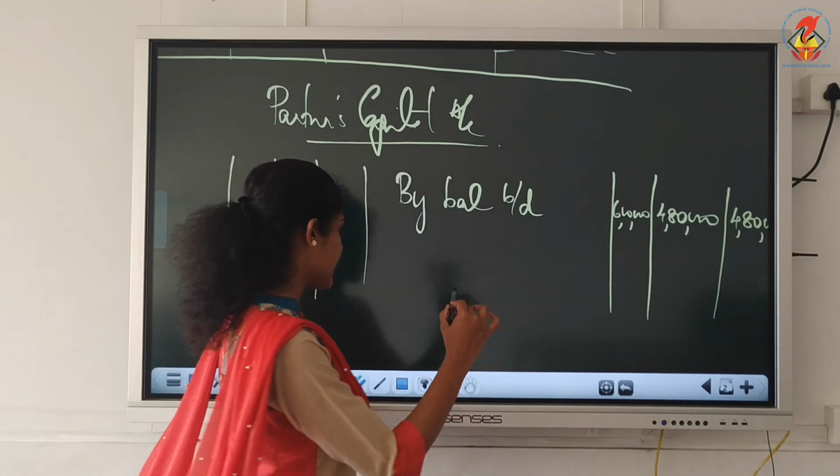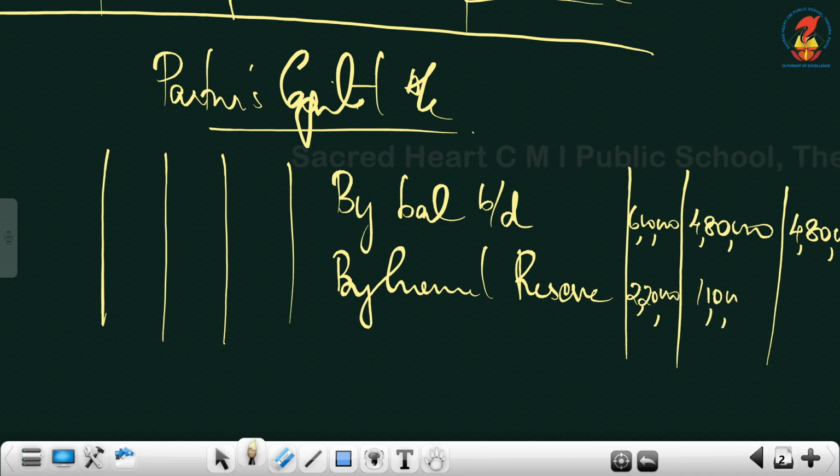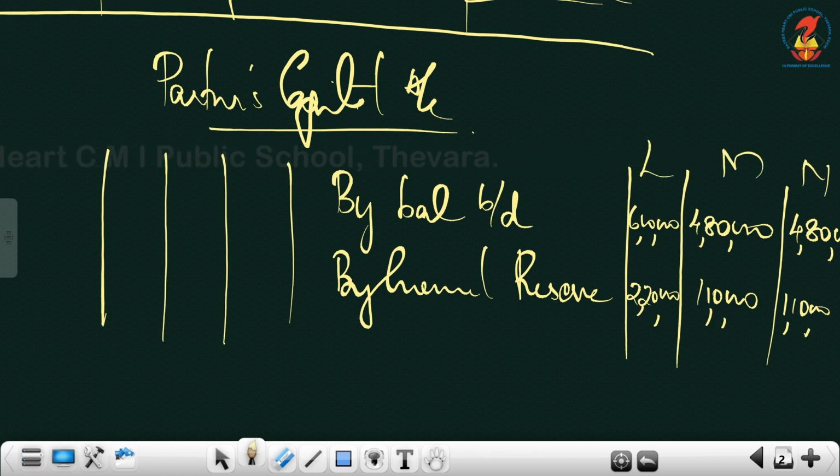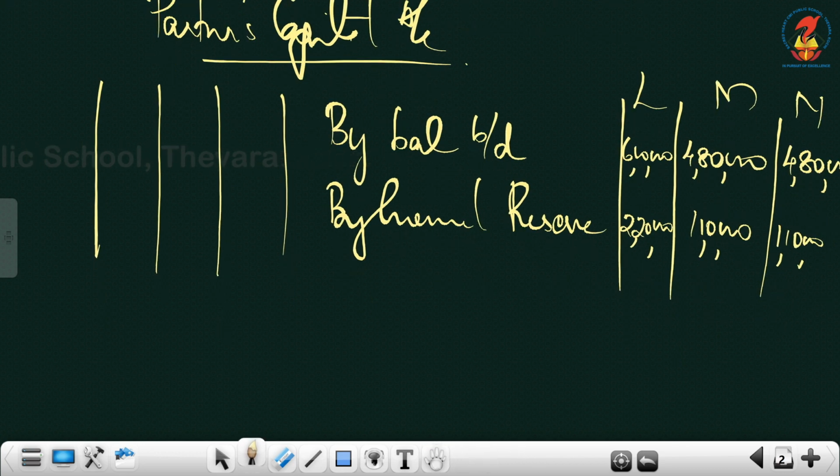So each will be getting, by general reserve, 2,20,000 and 1,10,000 each for the other 2 partners. What are their names? L, M, N. You can write their names, particulars and amount columns, and the column headings, like this.